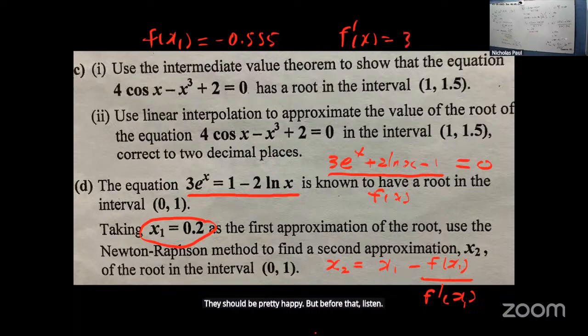3e^x, because the differential of e^x is e^x. And what's the differential of 2 ln x? 2 over x. And the differential of minus 1 is 0.